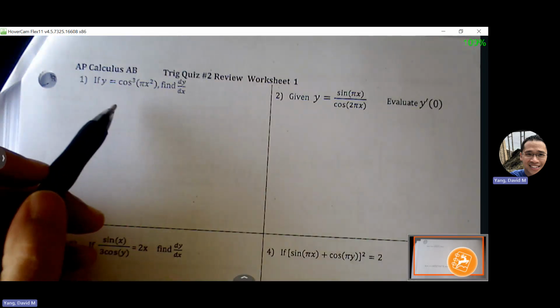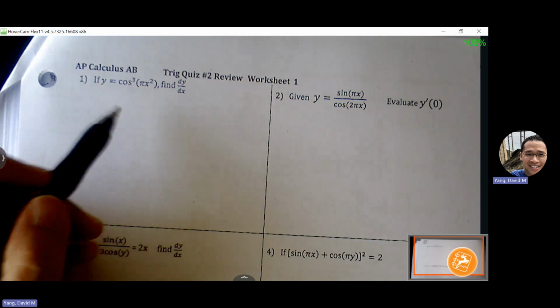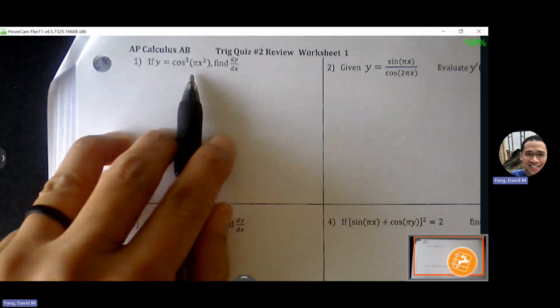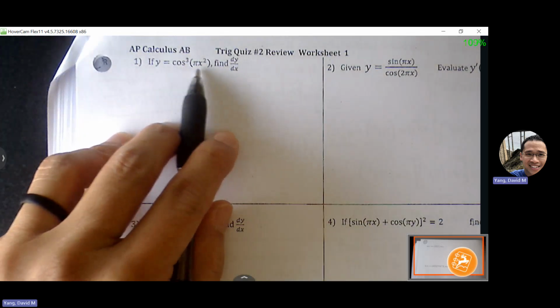I'm going to just make sure that we can start each of these problems, and then you guys can finish them off. Look at number 1 here. What would be the first thing that you want to do here?